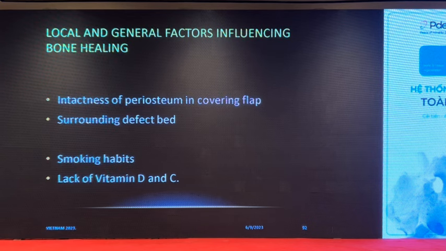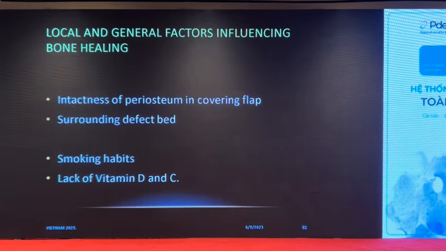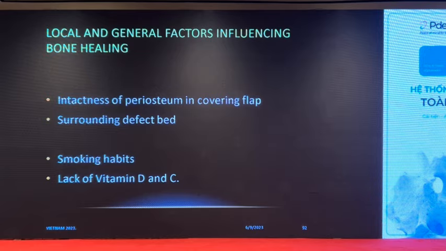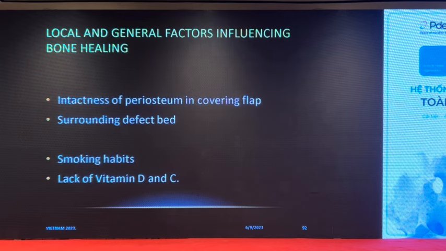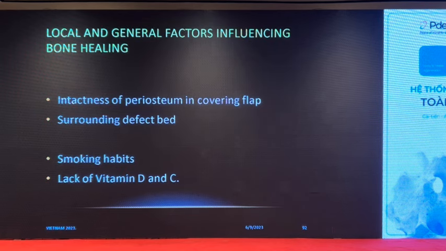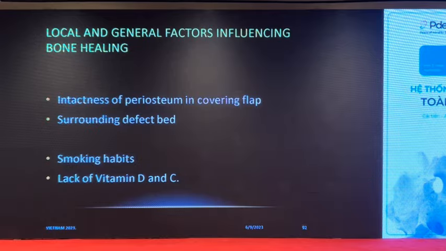In the first place, the intactness of the periosteum in the covering flap, the surrounding bed, and whether our patients have smoking habits, or sometimes a lack of vitamin D and vitamin C. Dr. Serhat also mentioned this group of patients with smoking habits, which can compromise our success, but we should treat those guys also.